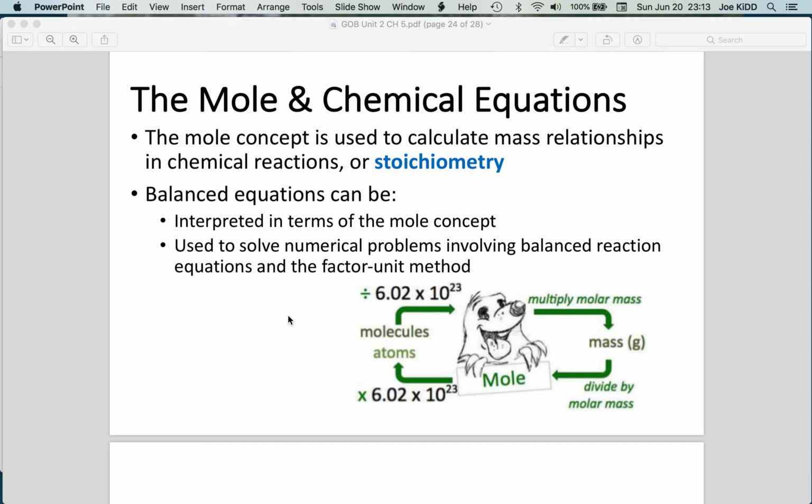We can utilize a way to measure it utilizing our balanced chemical equation, but we also need to talk about this concept of a mole or stoichiometry. So like we talked about before, you always need to have a balanced chemical equation before you would do any of this. And we're going to go back to using dimensional analysis as well.